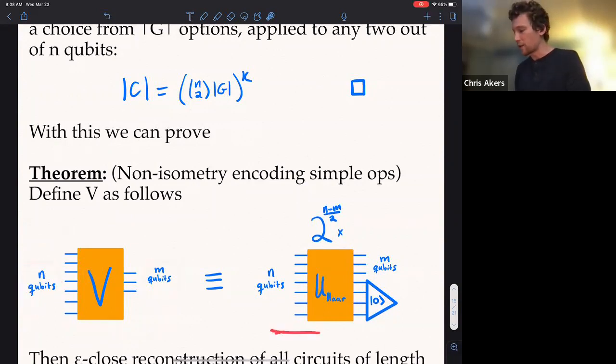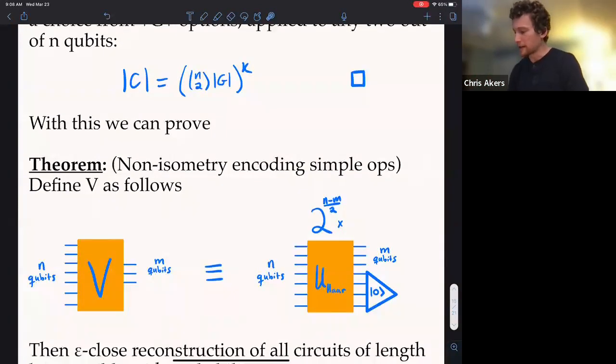And the one we're going to prove a theorem about is this one, which basically takes your n qubits and acts a random unitary on them. So the fact that it's a random unitary will appear in the proof. And then in the output, you're going to post-select a lot of them, n minus m of them, onto the 0 state.